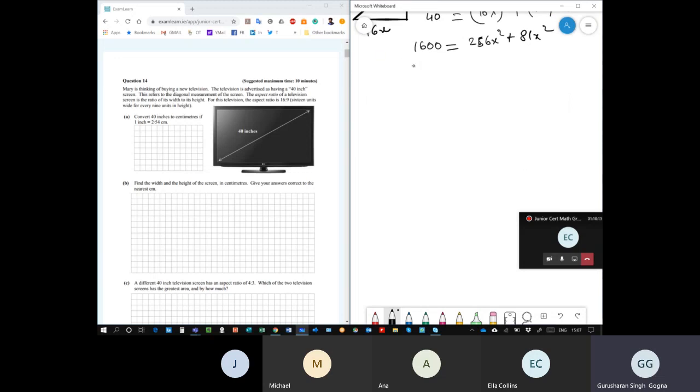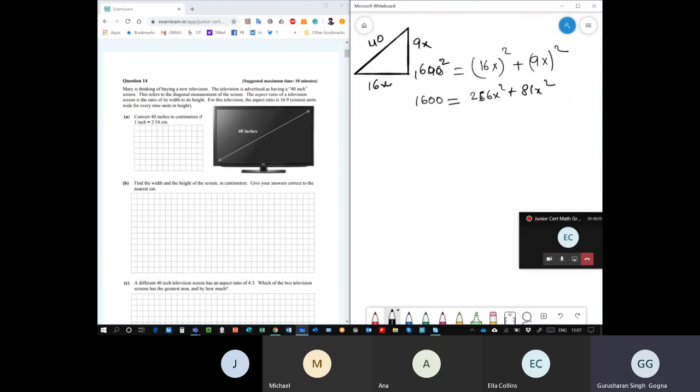And then you need to simplify this. So 256 plus 81 will give you 337.